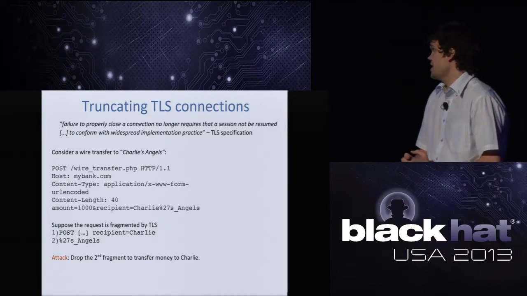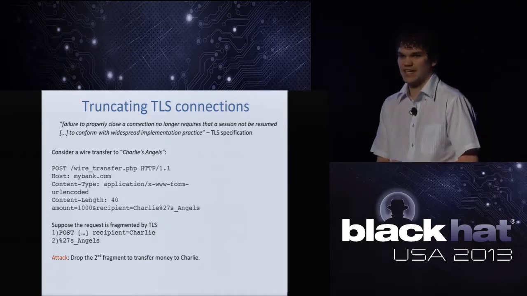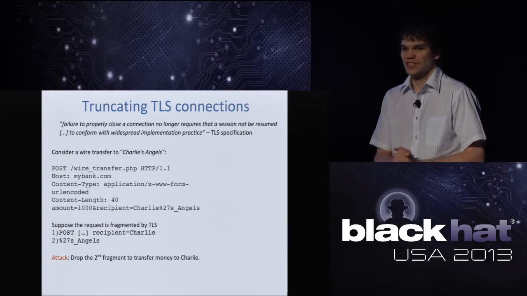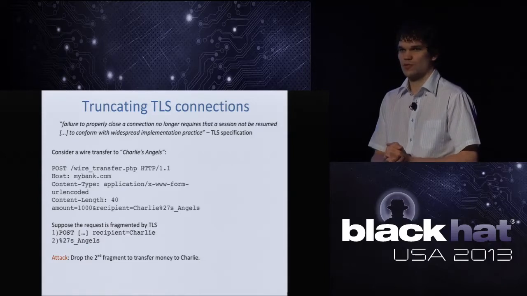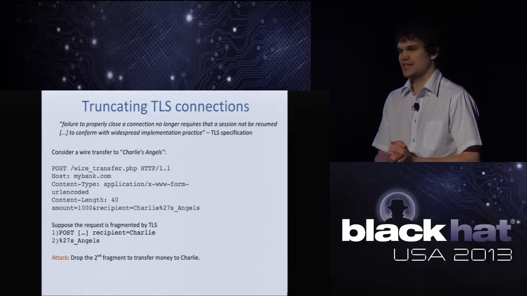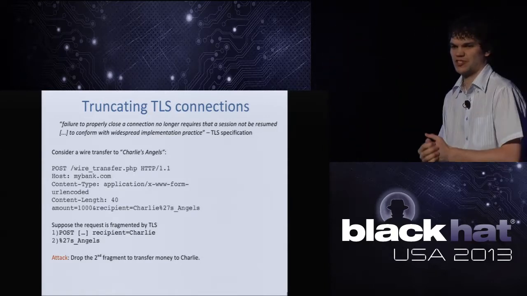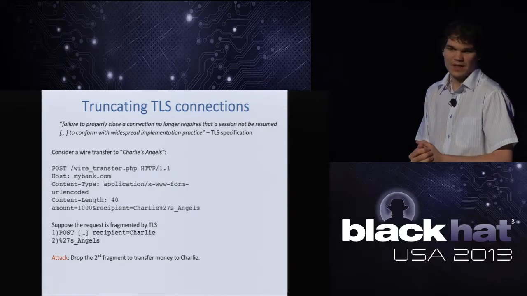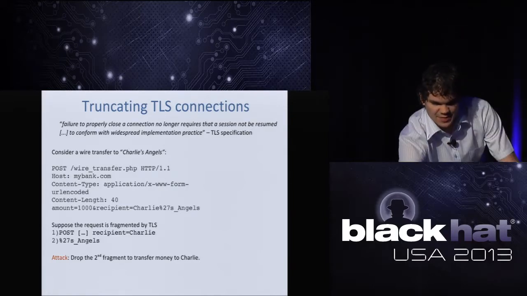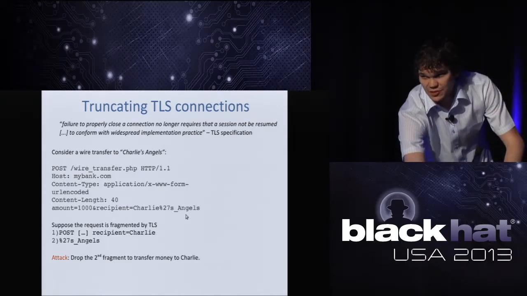So I'd like to start by explaining what a TLS truncation attack is with this simple demo. So let's suppose that I want to transfer some money to Charlie's Angels, okay? And I have this naive piece of code here. It's very short, but it's sufficient for this demo purpose. Now what's going on is my recipient here is Charlie's Angels.